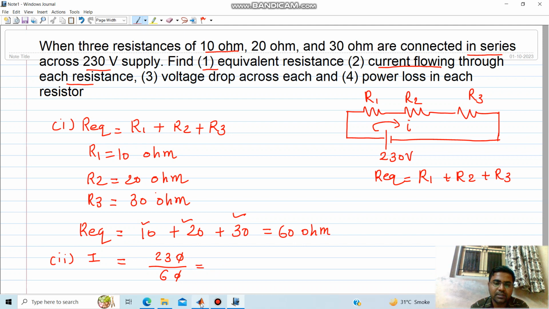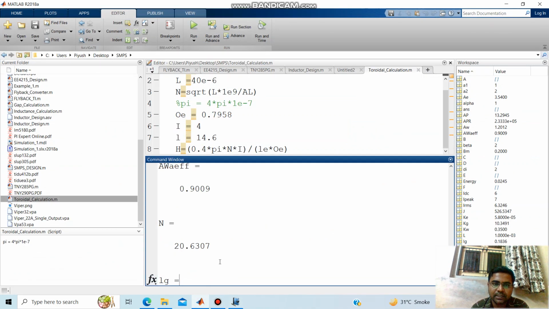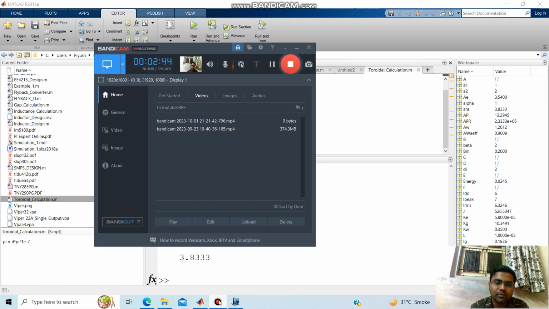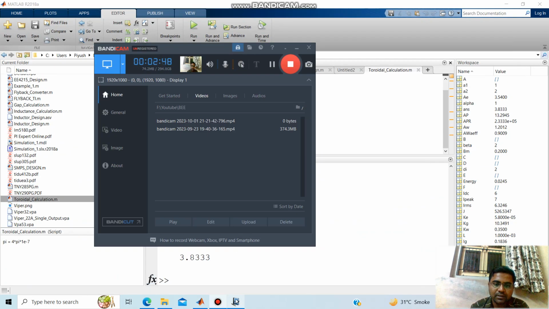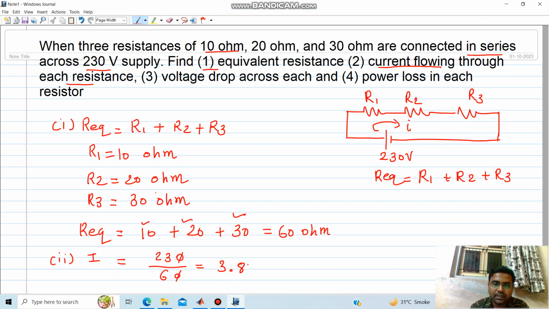So that would be 230 divided by 60, which is 3.83, so 3.83 ampere. That would be the current flowing through all of R1, R2 and R3.